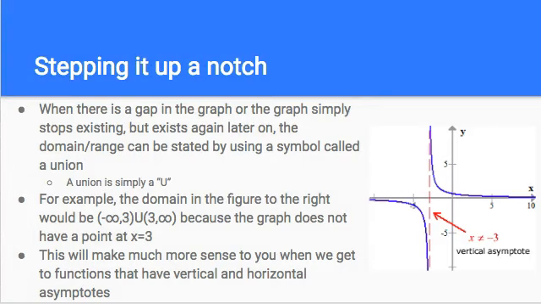So what we're going to move on to in the future, and we're going to give you a little sneak peek here about stepping it up a notch, is that we're going to talk about when we use interval notation, but make it more complex, in a sense, for a domain.